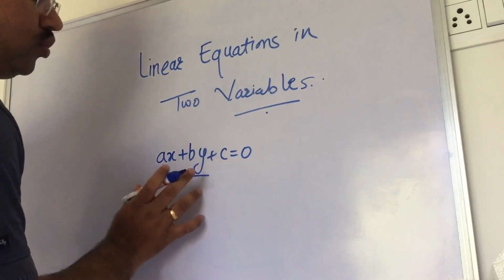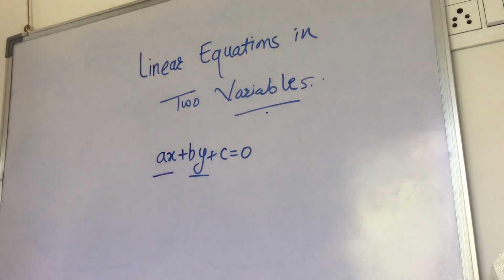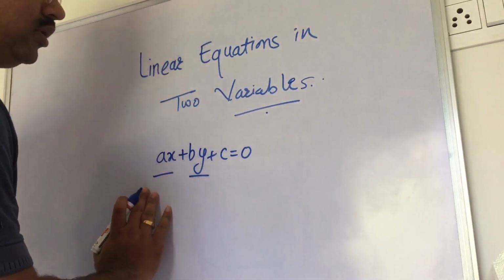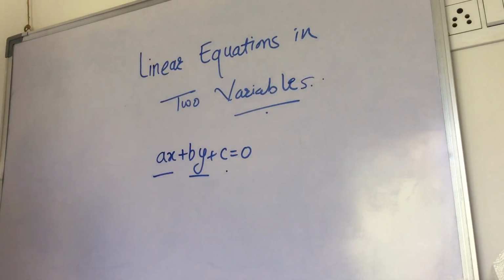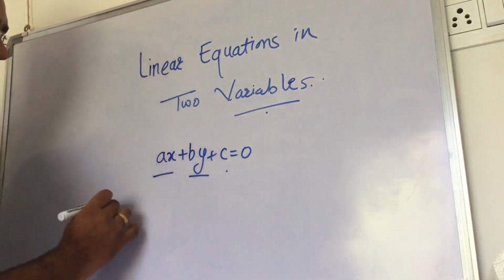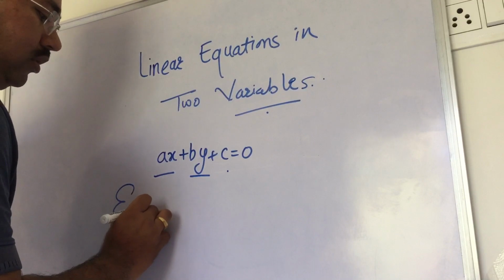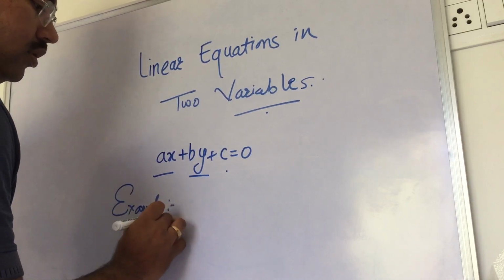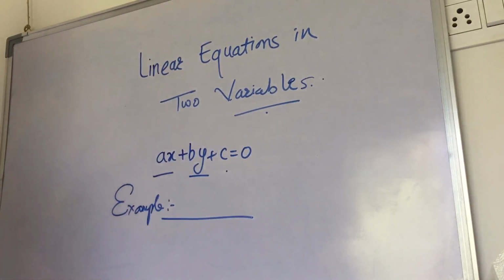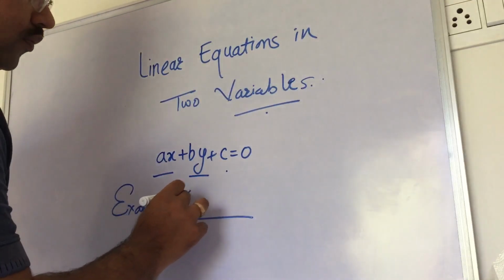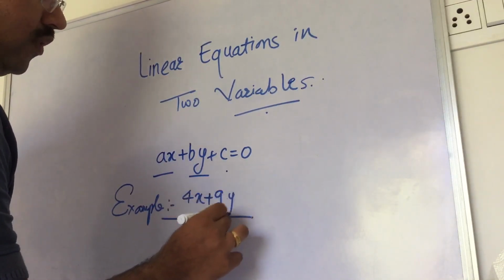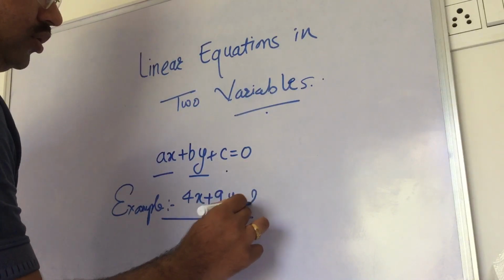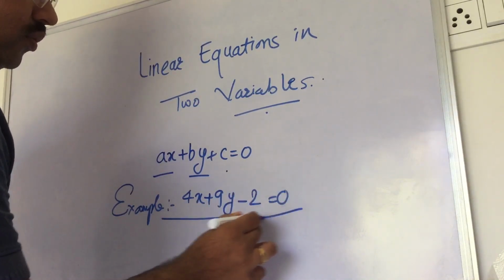Here these two variables are counted. So this is a general form where c can be a constant, right? Let's take an example: 4x plus 9y minus 2 equals 0.